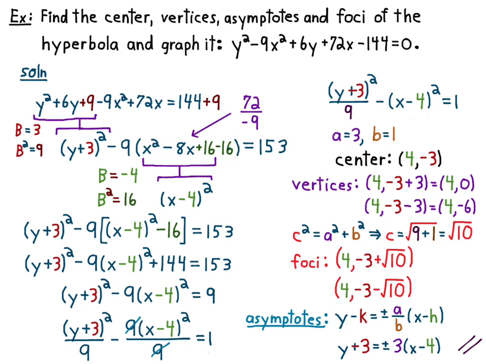So you get y plus 3 equals plus or minus 3 times, because a is 3 and b is 1, so 3 over 1 is 3, 3 times the quantity x minus 4. That's the asymptotes. And so then I'm going to list those main properties on the next page and then graph it.